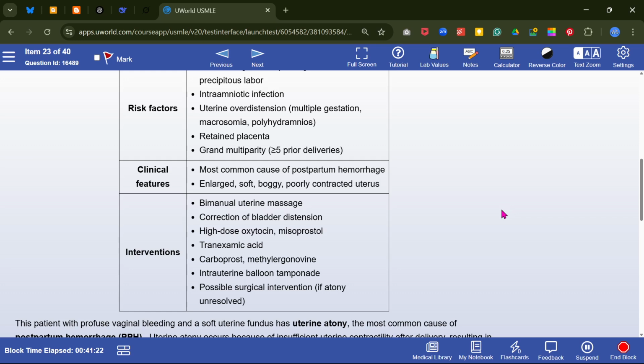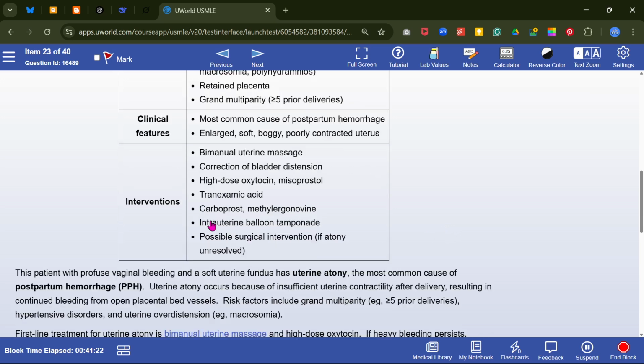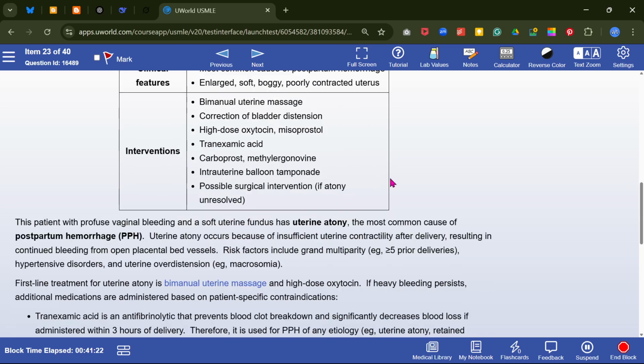Intervention is bimanual uterine massage, correction of bladder distension, high dose oxytocin, misoprostol, tranexamic acid, carboprost, methylergonovine, intrauterine balloon tamponade, possible surgical intervention if atony unresolved. This patient with profuse vaginal bleeding and a soft uterine fundus has uterine atony.